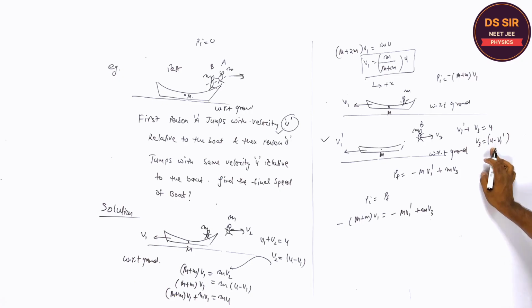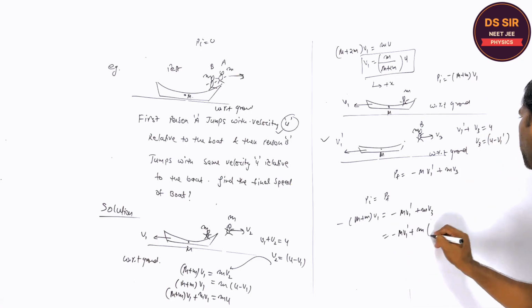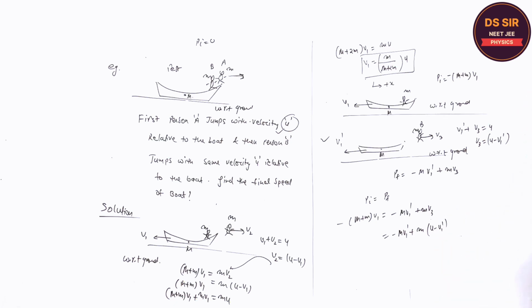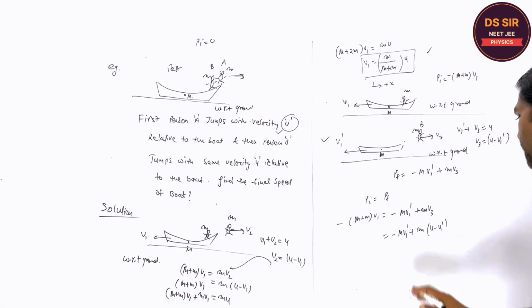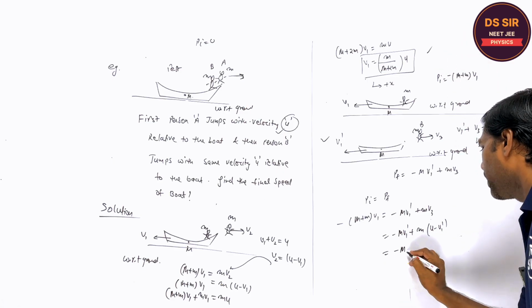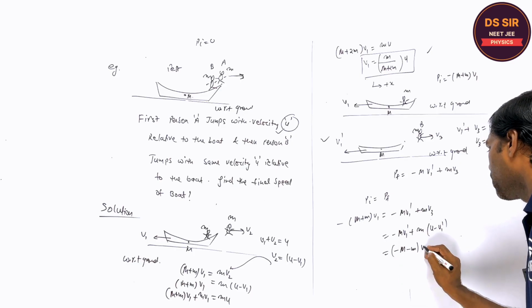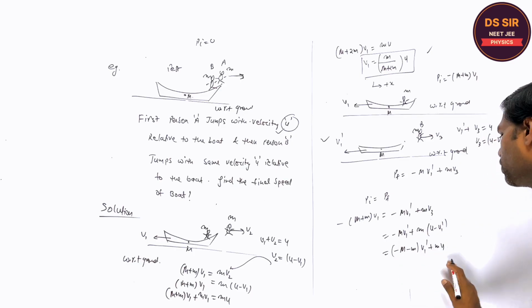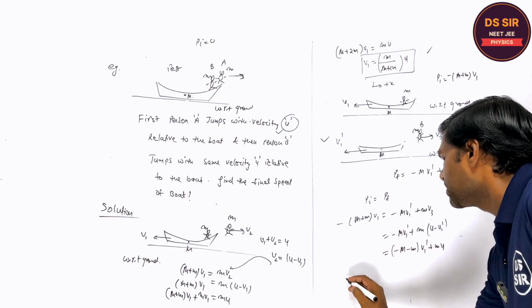But I have to eliminate the v3. So minus M v1 dash plus m into (u minus v1 dash). Right? And what is the value of v1? So here minus M v1 dash plus m u. So we have to simplify this.